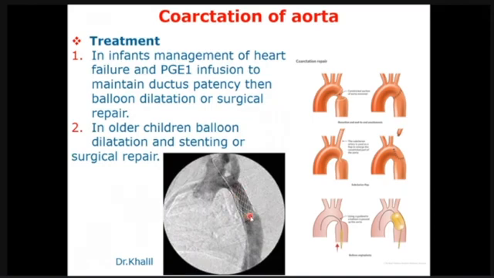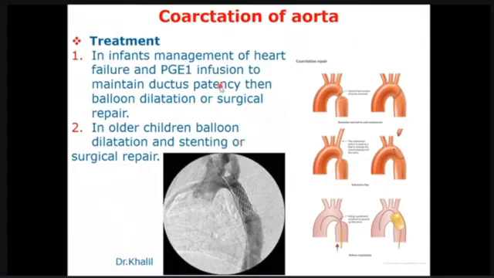The stent, in fact, is loaded over the balloon. We dilate the balloon and then deflate the balloon. So the stent will be dilated and left inside. And after deflation of the balloon, we take it out and the stent will remain in place. And if this fails also, surgical repair is another option.